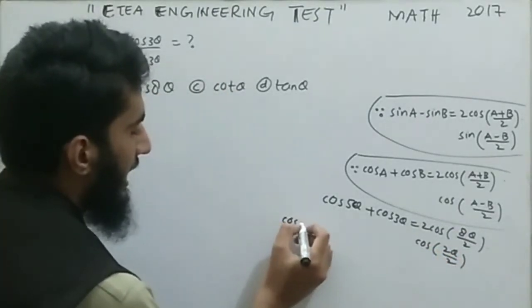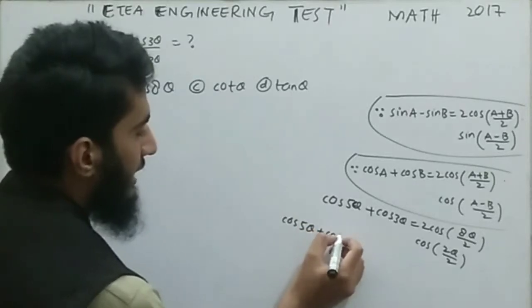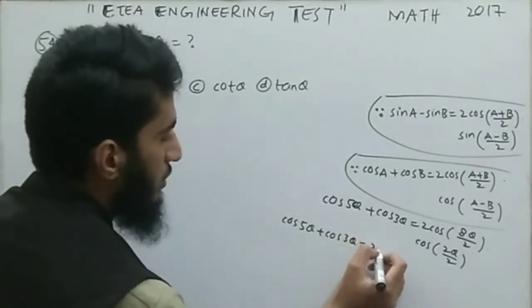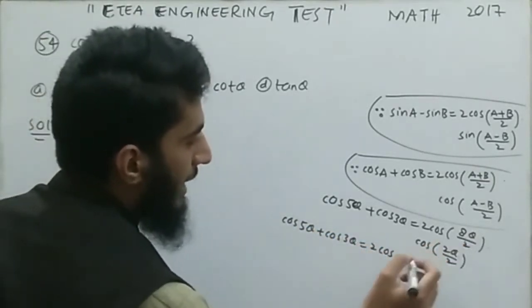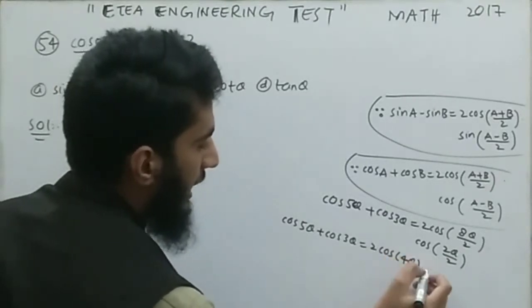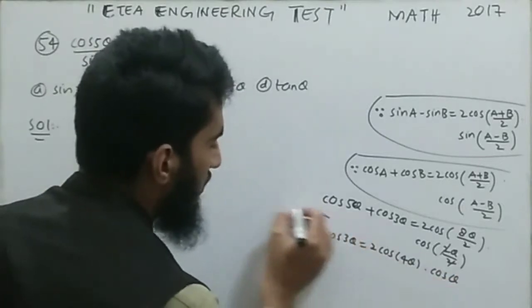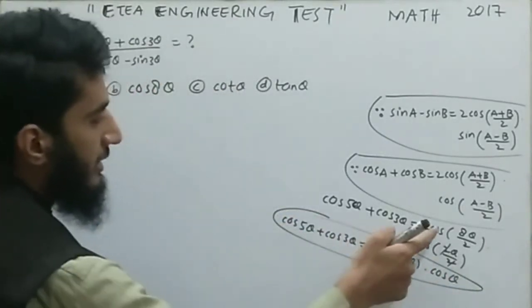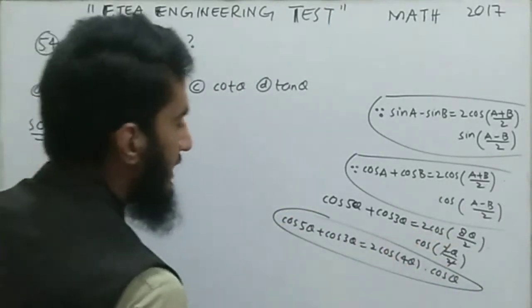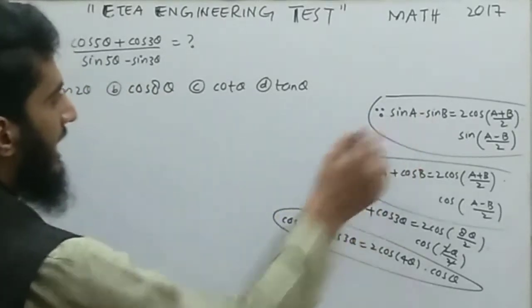So the value of cos 5 theta plus cos 3 theta will be 2 into cos of 8 theta by 2, which gives us 4 theta, into cos of 2 theta by 2, the 2 cancels out with 2, we are left with cos theta. So the value of cos 5 theta plus cos 3 theta is 2 cos 4 theta into cos theta. Now we are going to find the value of sin A minus sin B.